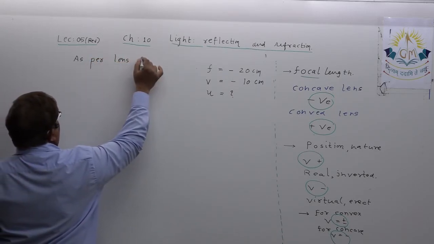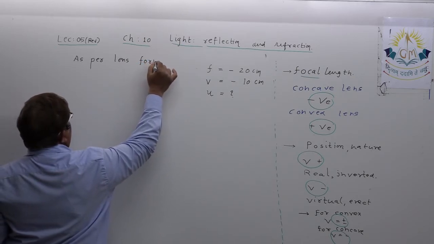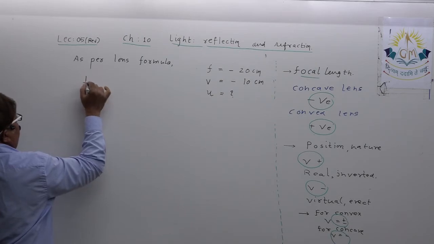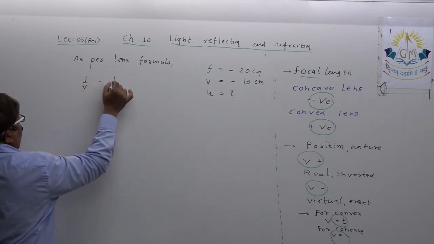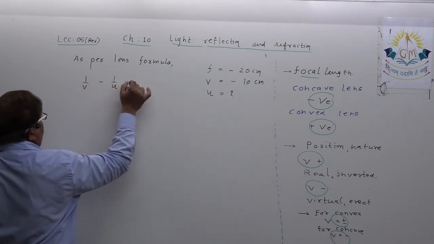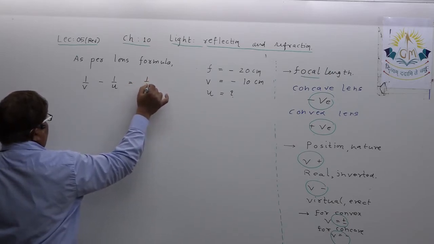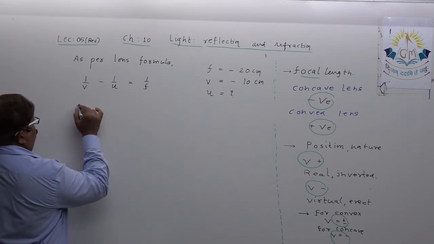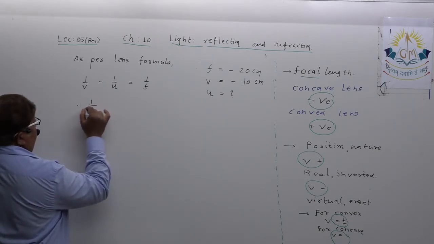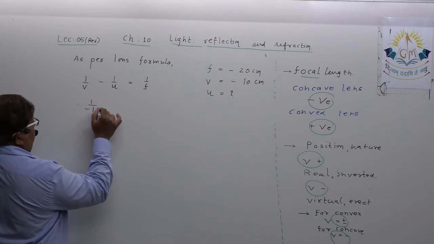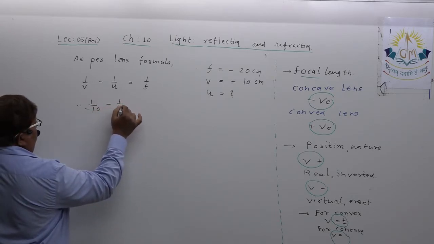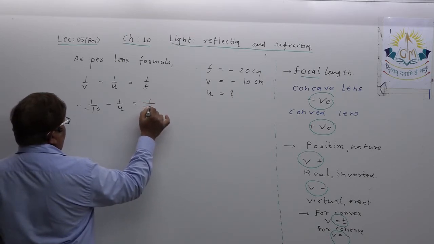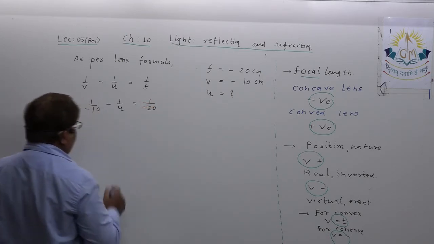As per the lens formula, 1 upon v minus 1 upon u equals 1 upon f. Let us substitute: 1 upon minus 10, minus 1 upon u, equals 1 upon minus 20.